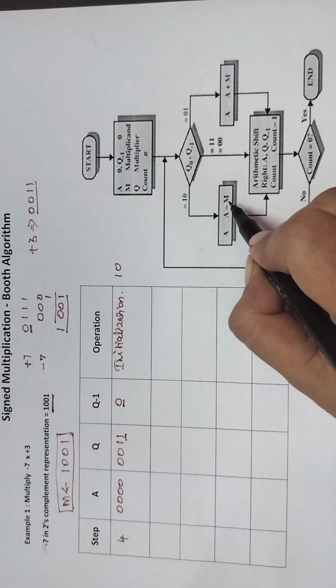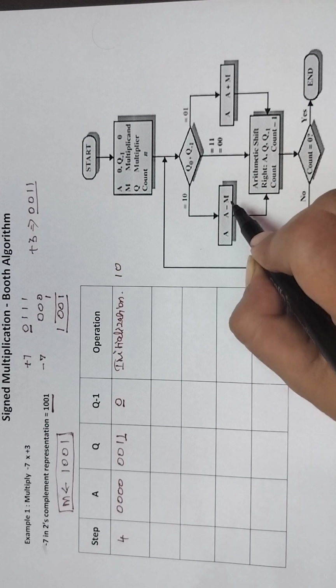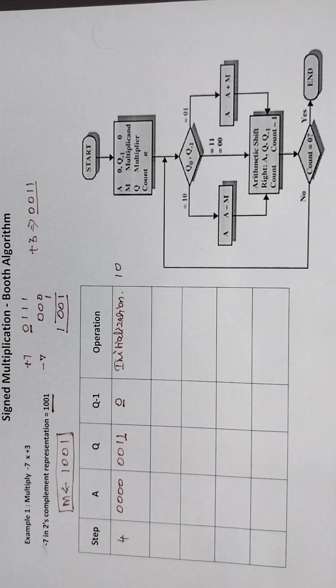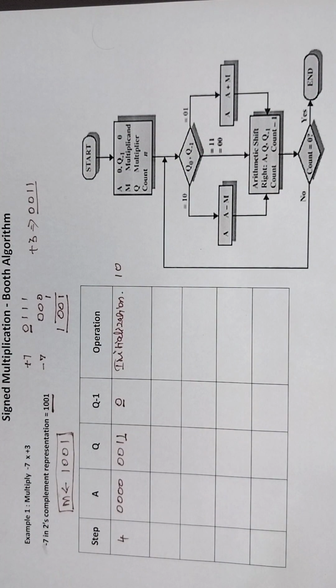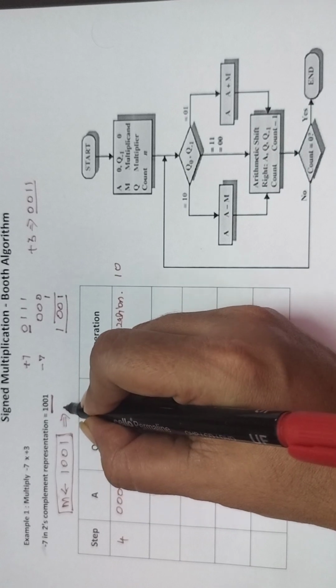We take the multiplicand, identify the 2's complement of the multiplicand and add it to the result A. What is the 2's complement of the multiplicand?